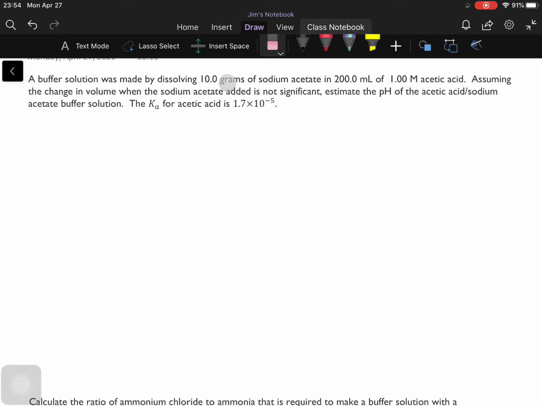Of course we're going to use the Henderson-Hasselbalch equation. Since we have an acid, we're going to use the acid form. So pH equals pKa plus the logarithm of the conjugate base over the acid concentration. After writing that, we're going to compute for the values.